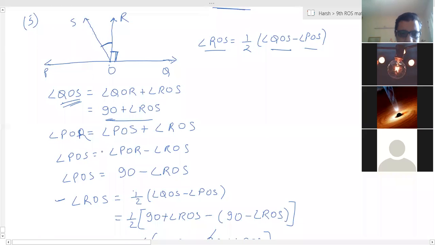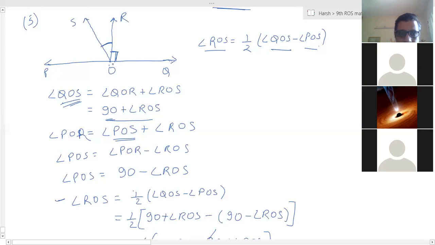Yes, sir. But why are we finding angle POR, sir? To prove it, we have to prove it, no? This POR consists of POS, so we'll get that POS. So how can you write this POS?